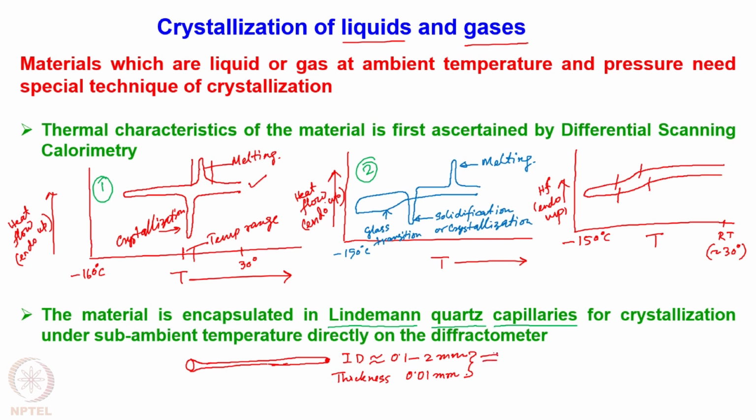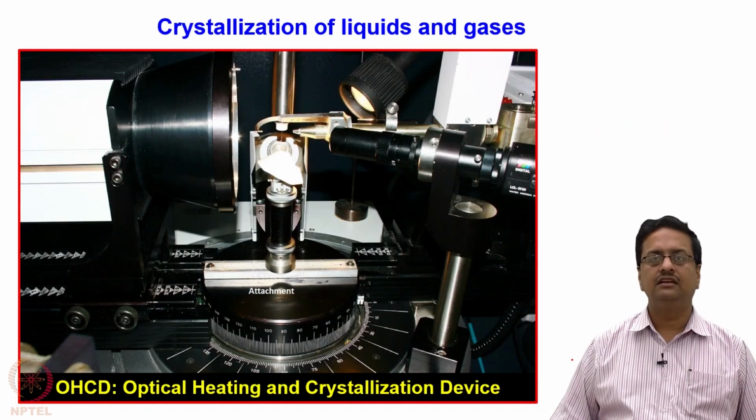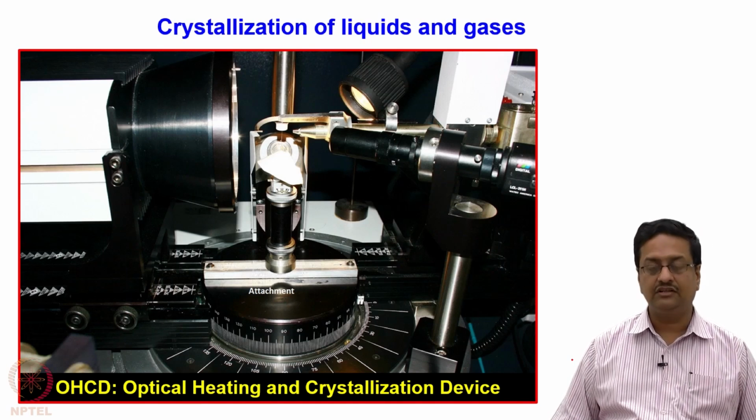A good size of the capillary is about 0.3 millimeter internal diameter, which is not very small and not very large, where the crystal that might be grown inside the capillary may have certain absorption. So this is done using a particular device which is termed an optical heating and crystallization device.